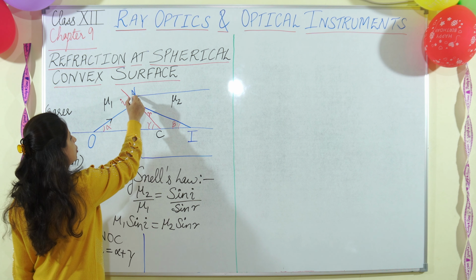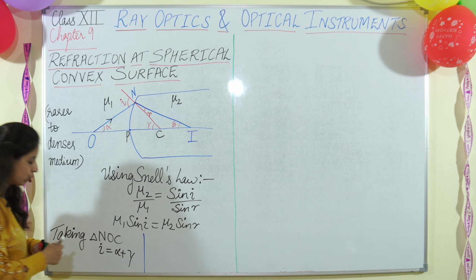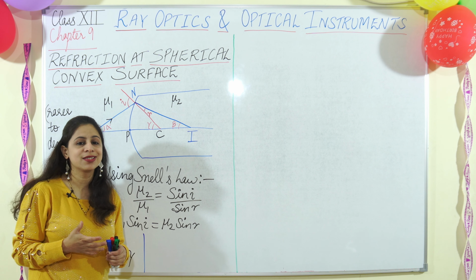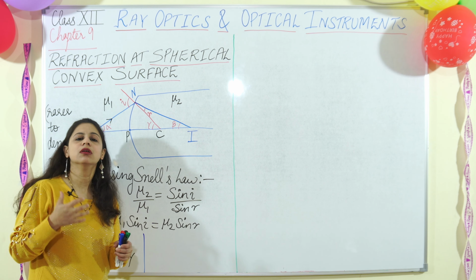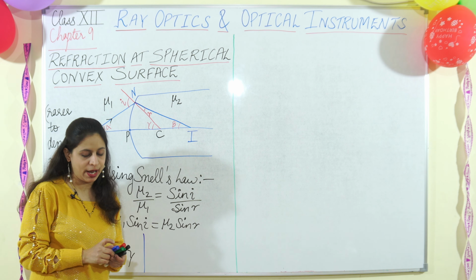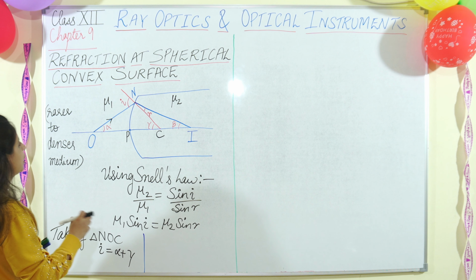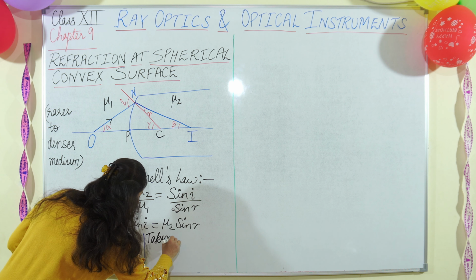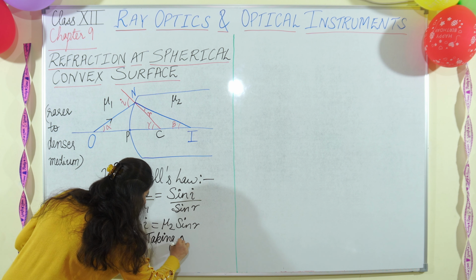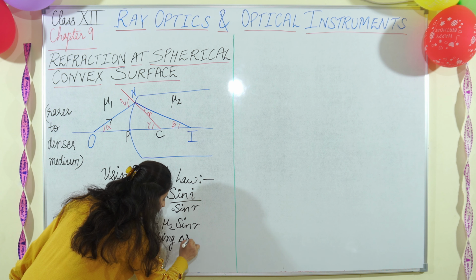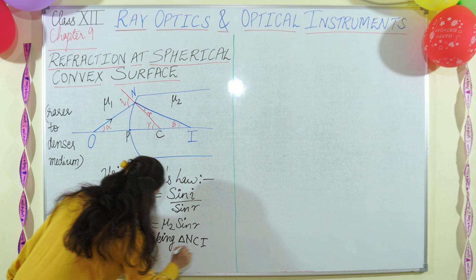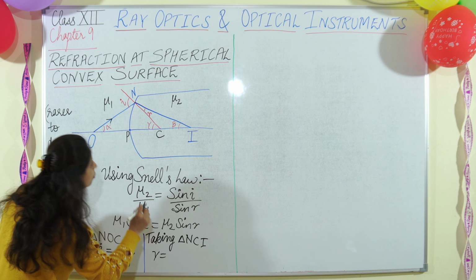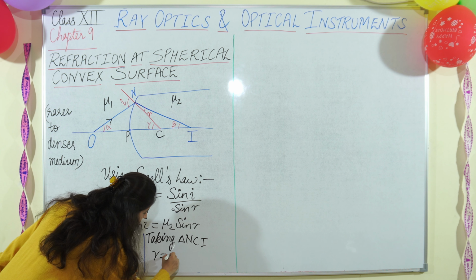Okay, and when we take the triangle NCI, there also we apply the same concept. The exterior angle will be equal to the sum of the opposite interior angles. So taking triangle NCI, there also we get gamma is equal to r plus beta.